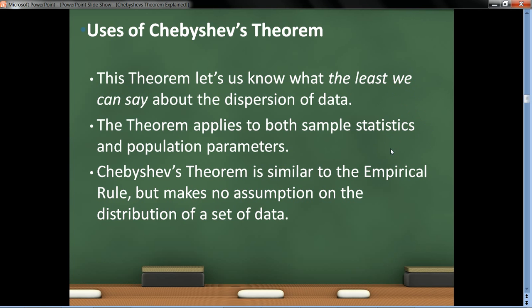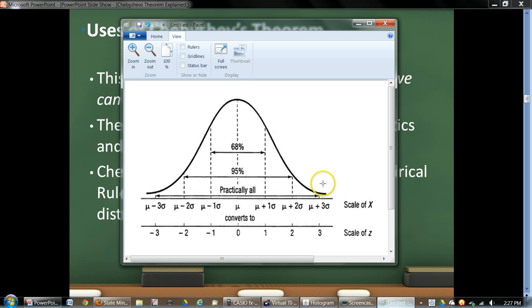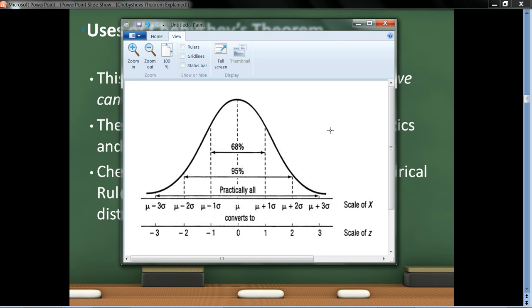Chebyshev's theorem is similar to the empirical rule, but it doesn't make an assumption about the way the data is distributed. Let me show you what I mean by that with a little contrast here. Here's the empirical rule. Maybe you've seen that when you first talked about measures of dispersion.